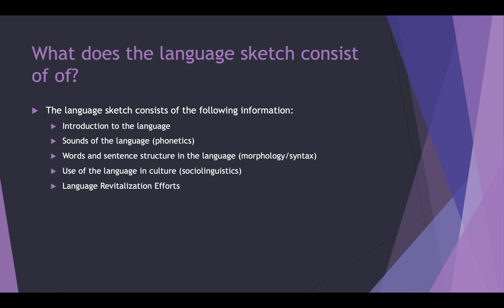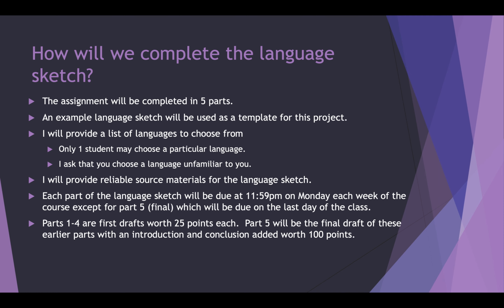Part 4 will be about the use of language in culture. And then the conclusion will talk about the current state of language and language revitalization efforts. So we're going to complete this assignment in 5 parts, part 1, 2, 3, 4, and then we're going to put those 4 parts together, and part 5 will be your final.